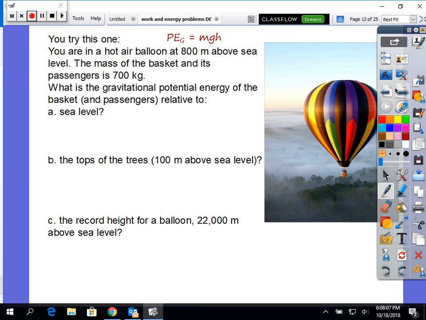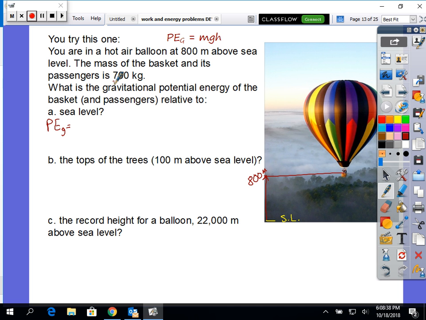This is not a perfect picture for this problem, but I'll say sea level is here, and the balloon is up here at 800 meters.